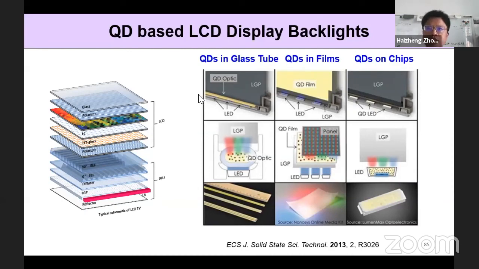There are different ways to incorporate backlights into the LCD, such as QD in glass tubes, QD on chips. But the most successful way is the QD enhancement films.